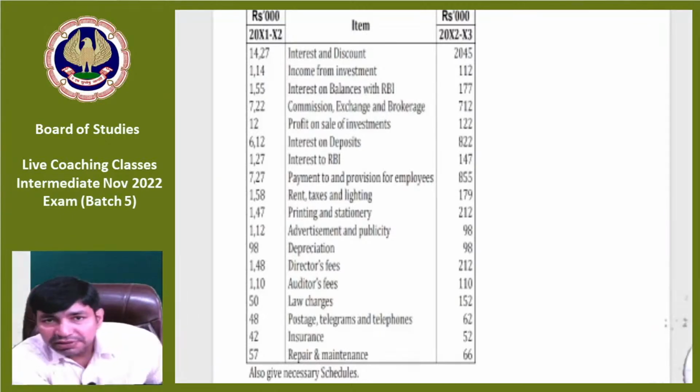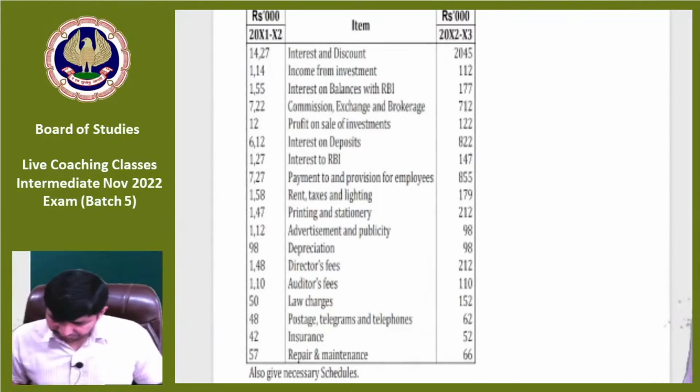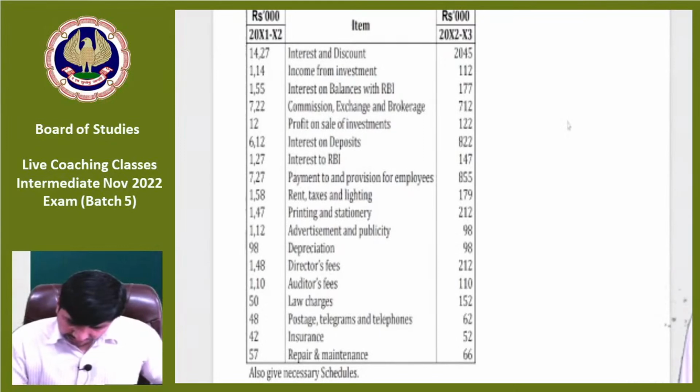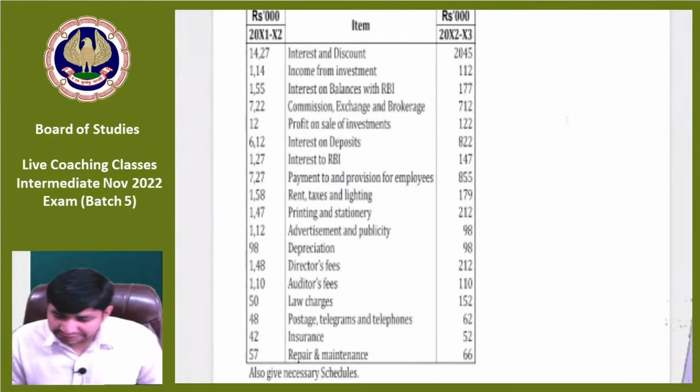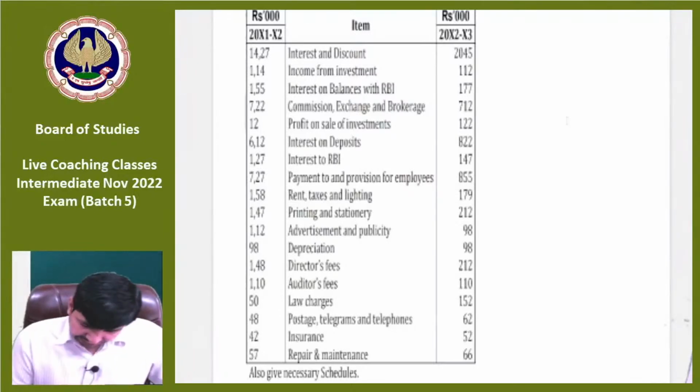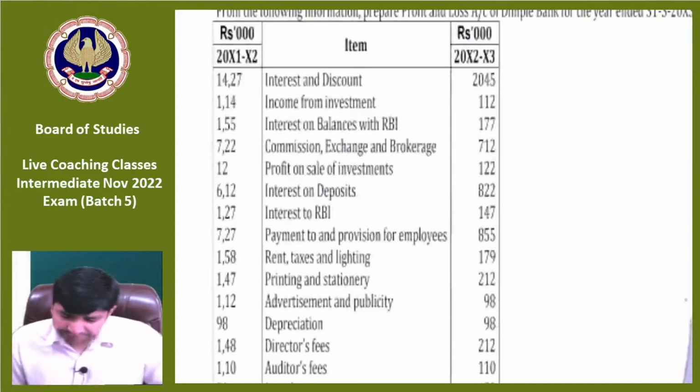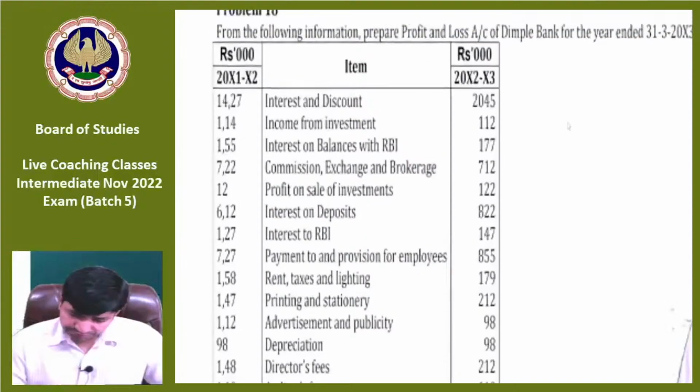So, see, this is the data regarding a bank. The question is given and asks, from the following information, prepare the profit and loss account of Dimple Bank. What are they asking?